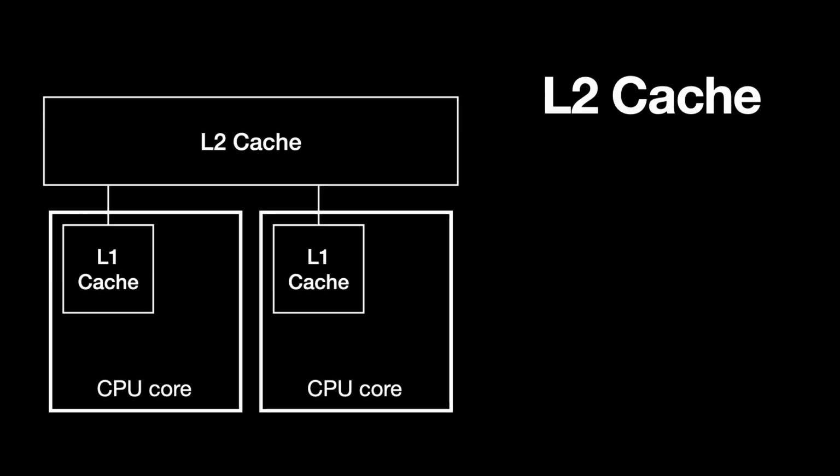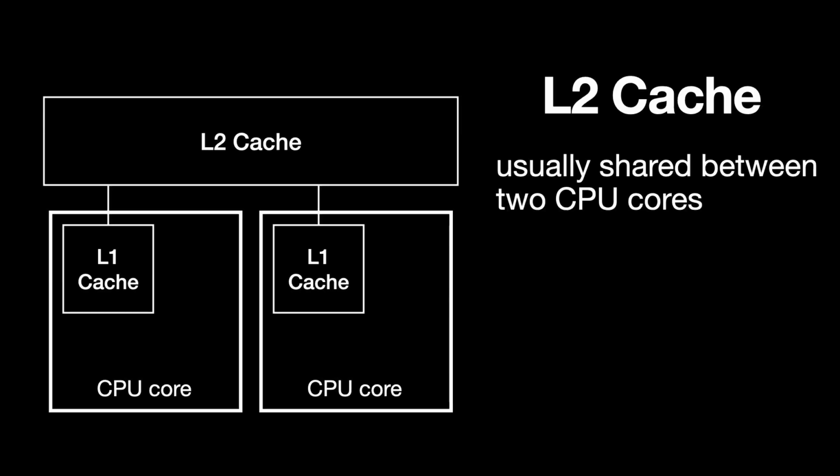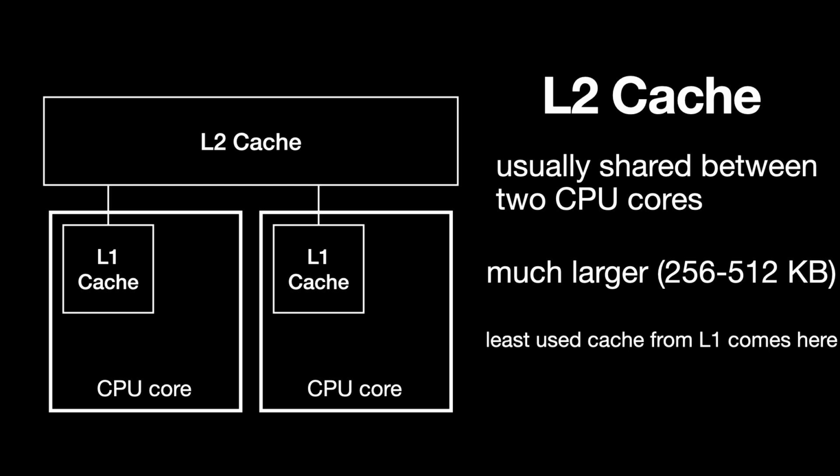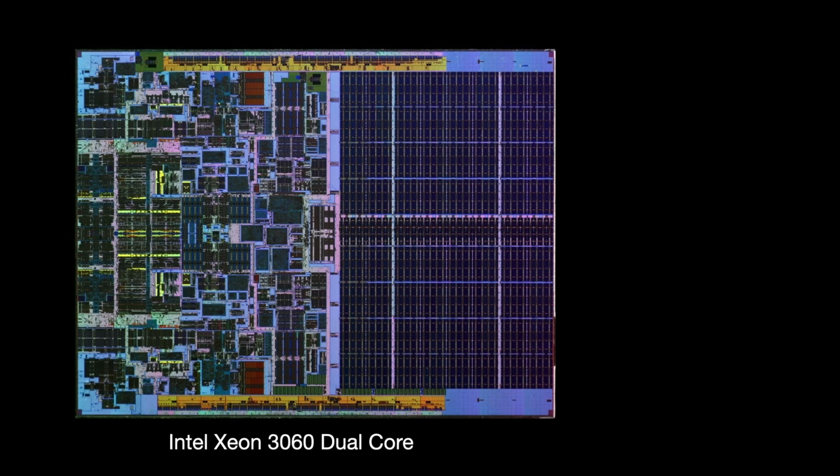Then there's L2 cache, which is usually shared between two CPU cores and holds about 256 to 512 kilobytes. The least used cache from L1 gets bumped down to here. Let's go back to our example again. This is a dual core processor. We can see here that there's one core, there's another core, and one big L2 cache.